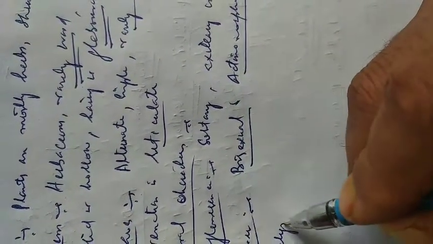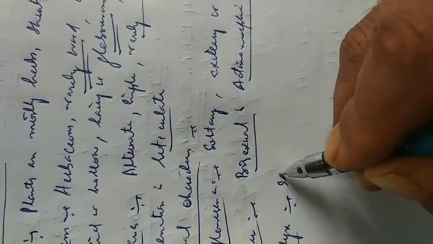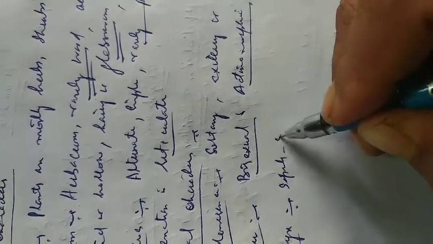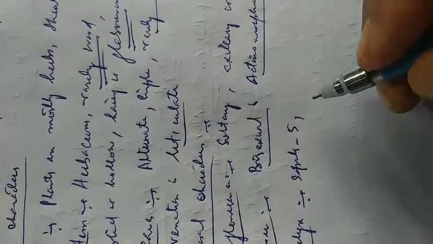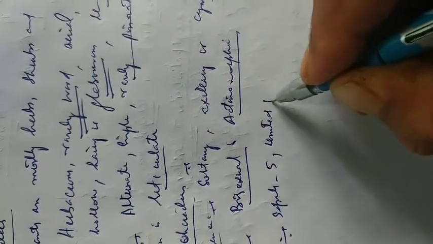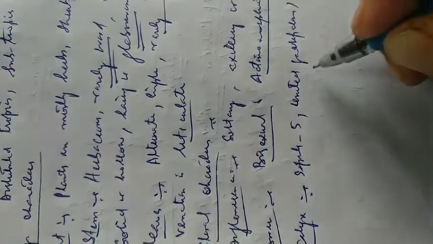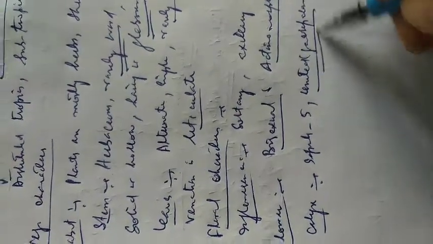Now, in the flower, we will take first the calyx. Sepals are 5, and they are united, that is gamosepalous, fused with each other.